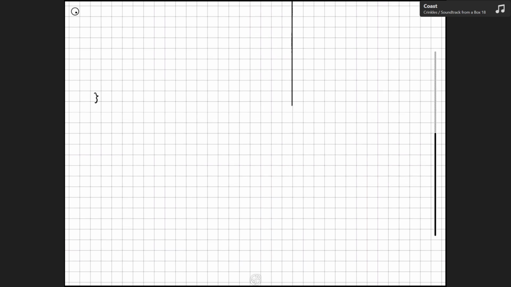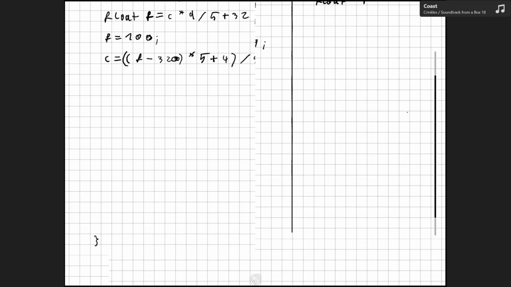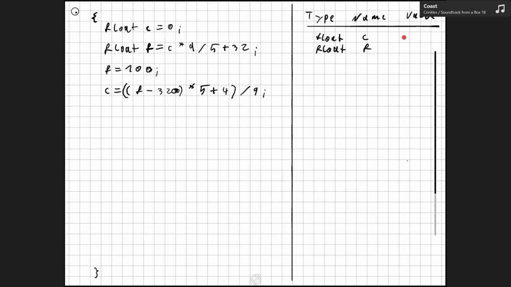Come back, please. That's better. We start off with the 0, and that's going to be 32. Then we overwrite that with 100. And then our last calculation happens.